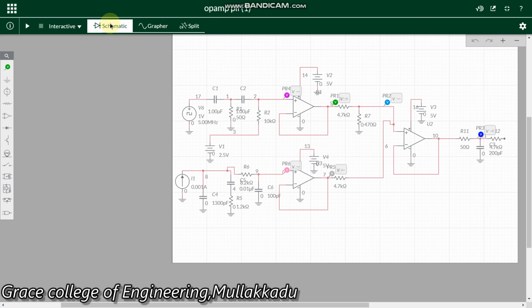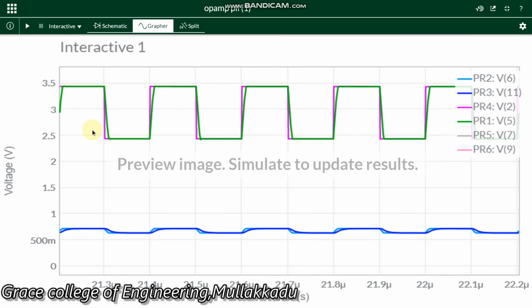The schematic diagram is drawn using these tools, and its connections are given as per the circuit diagram. We have taken two terminals at the input voltage, two terminals at the output of the op-amp, one terminal at the input of the second stage, and one terminal at the output. If we read the frequency as well as the voltage at each stage, we can obtain that.